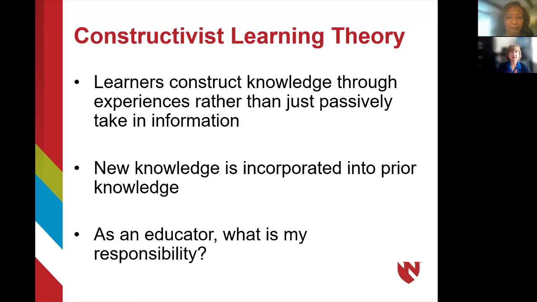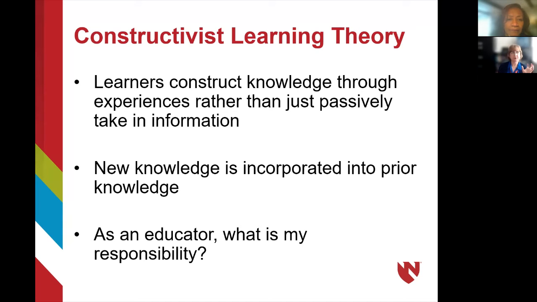It was very important for me when I learned about constructivist learning theory and the information processing model and how they went together, and how that changed how I thought about myself as an instructor. Previously, I taught primarily with a lecture, which is very important. We have to disseminate knowledge in some way, shape, or form, and that's one way we can do it.